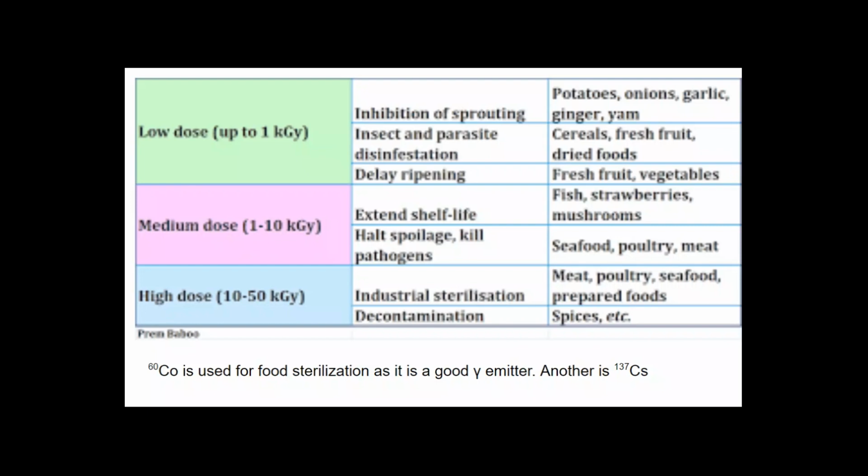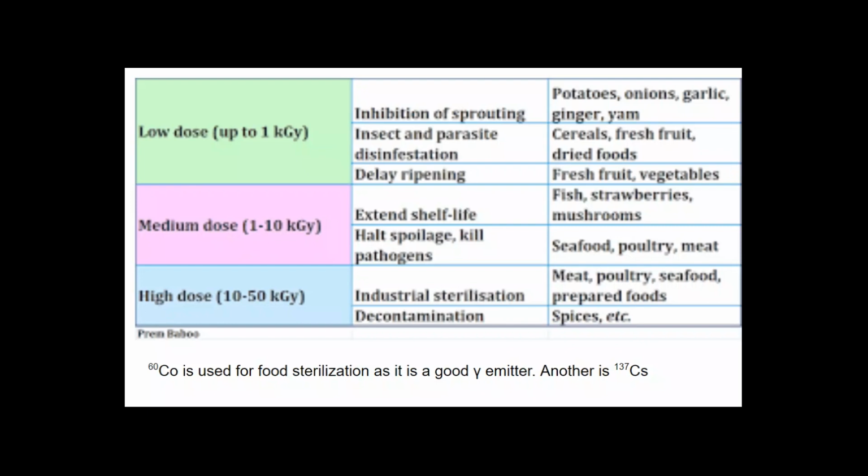And of course, when you treat these foods with radioactive isotopes, all you're using is the gamma radiation. So the food doesn't really come into contact with the radioactive isotope itself. And therefore the gamma radiation is long gone when you consume it, and therefore it's not harmful.